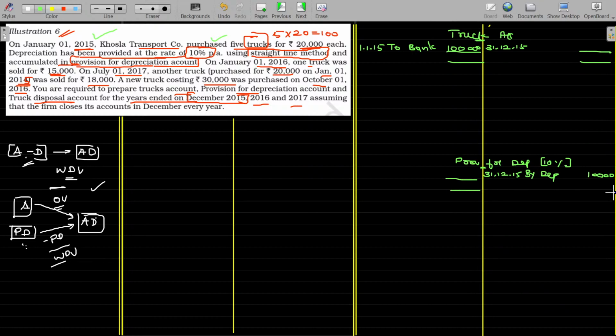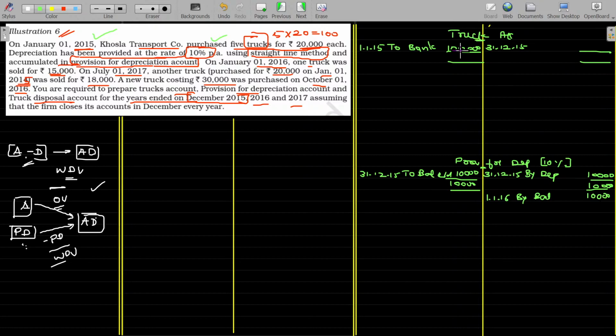Finish closing this. 10,000, 10,000. And here on the same date, 31/12/15, the balance is transferable to the next side, balance carried down 10,000. Here 1/1/16 by balance, 10,000 rupees.